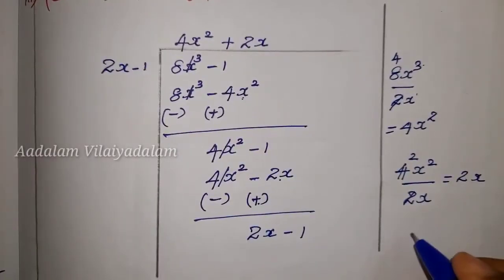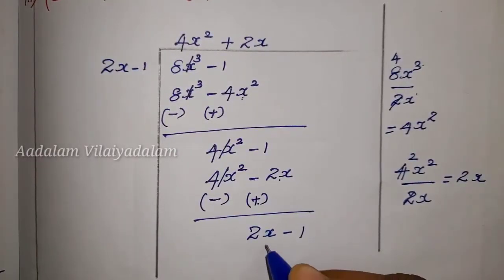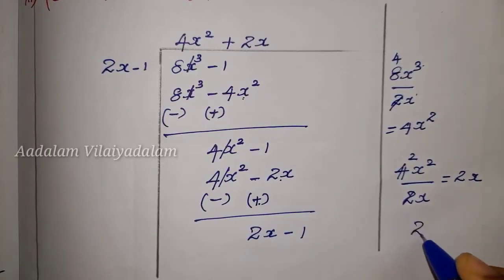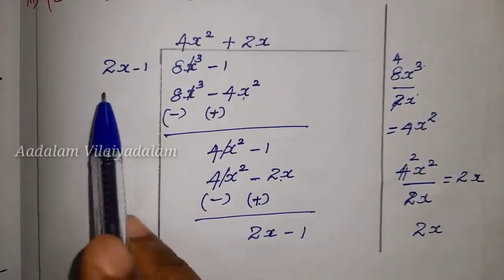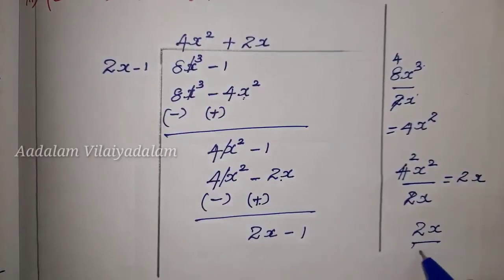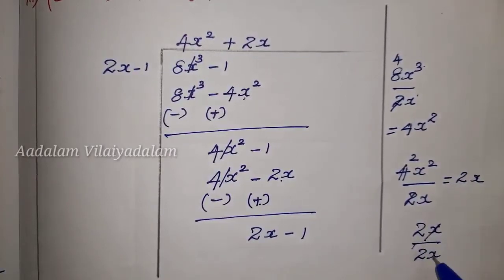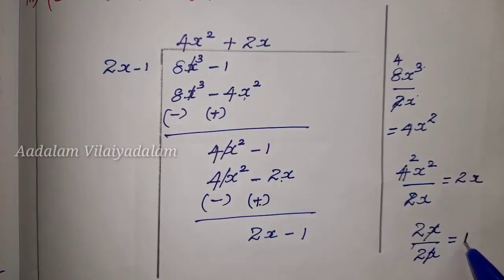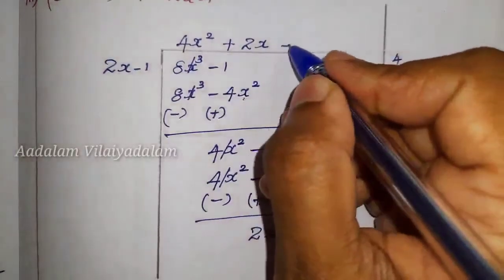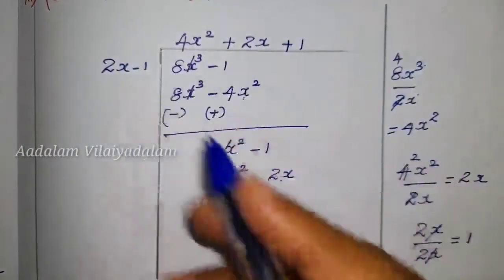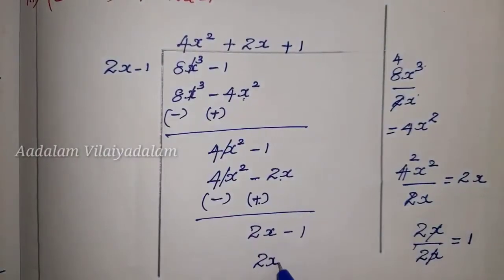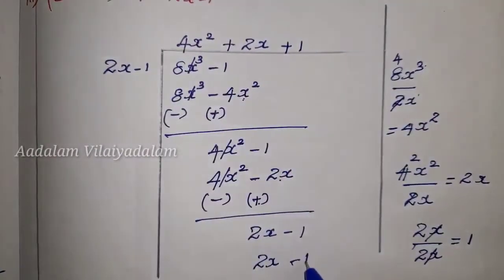So again calculate the quotient value here. So 2x divided by the divisor term here, 2x. Now 2x cancels. So the remaining answer is 1. So plus 1 right here. So 1 into 2x, 2x. 1 into minus 1, minus 1.